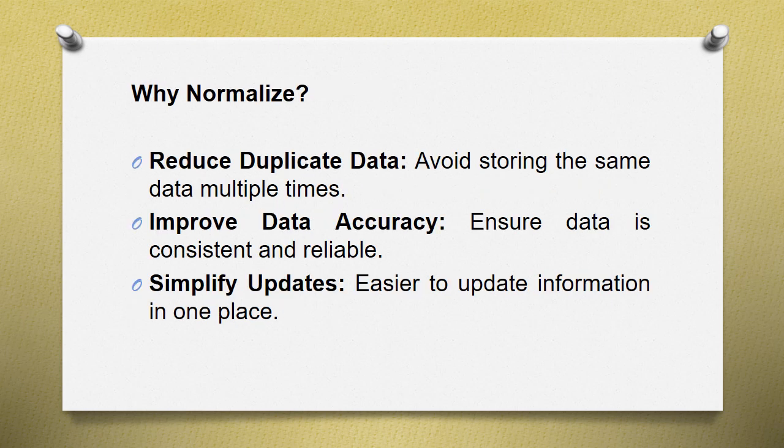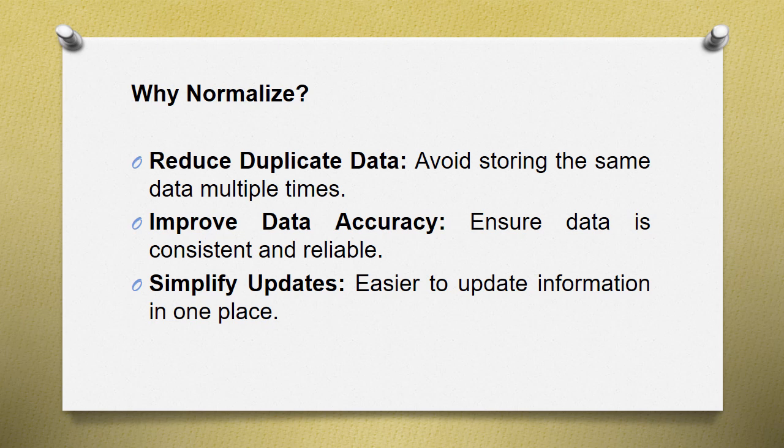The 3 main points why normalization is important and why we need to normalize our data, I have already discussed. Same 3 points. Number 1, reduce duplicate data. It avoids storing the same data multiple times. Number 2, improve data accuracy.